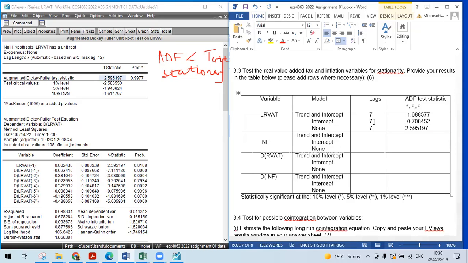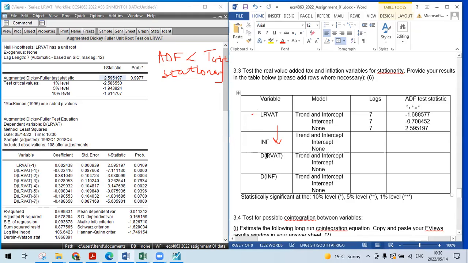I'm also saving my work here, because in the exam you don't have time. I know the table is showing me that I should move to inflation, but it will delay me. Oh, sorry, there's a mistake here. Let me correct.